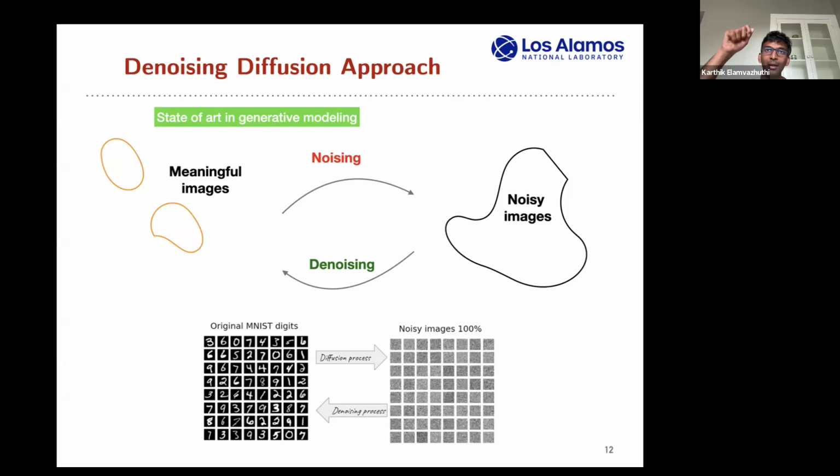So you just take a pixel and you flip it to some random value. So what would this do? This just takes your meaningful images and converts them into garbage, essentially. It's just white noise. And the idea of denoising diffusion is now, given that we know how we can go in the wrong direction from meaningful to noisy images, can we somehow learn this map backward?